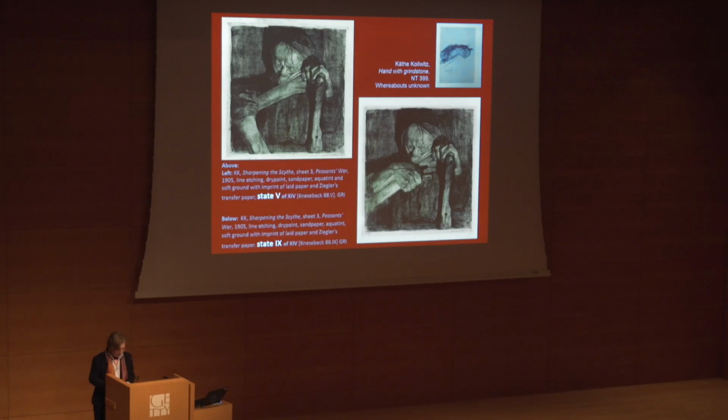Kollwitz then made this alteration on the plate in such a way that she polished the overhanging right arm off by using a burnisher, and instead made a new drawing on the plate in which the woman's forearm is now placed at the size plate. This shows two things.